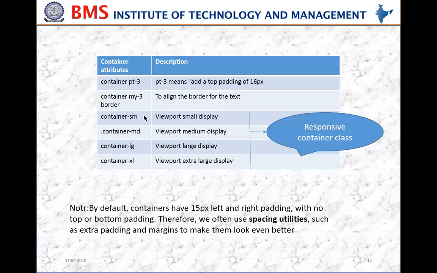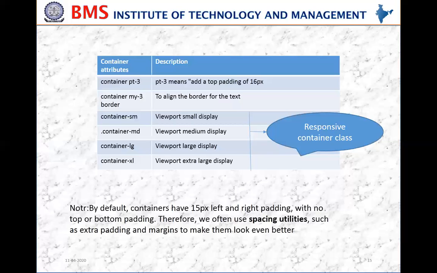As I said, it contains container. It means the web page, which will have different attributes like container p-3, container border. That means you can put a border in the container. So you can give spaces in all four directions by using container p-3.